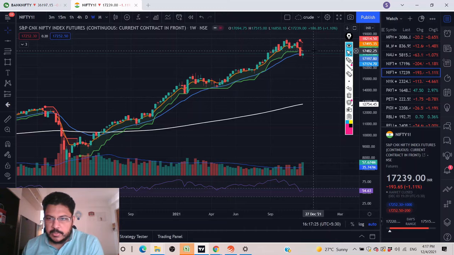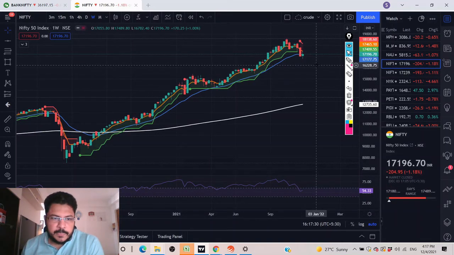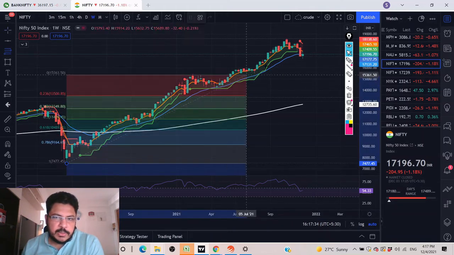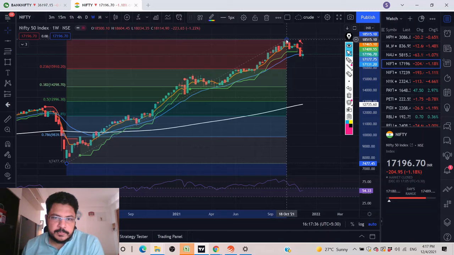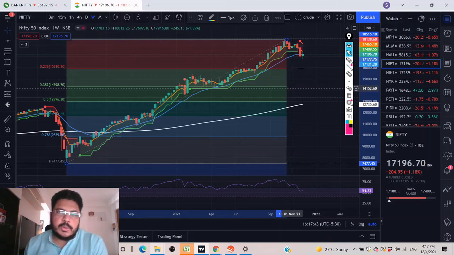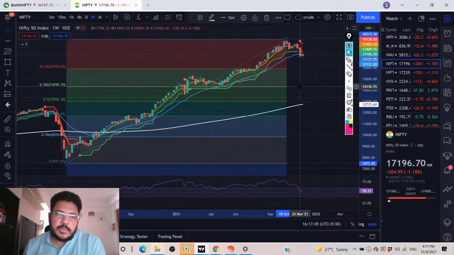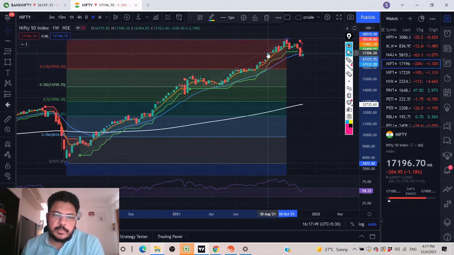It has to break the high of this candle. If you apply Fibonacci from this level till here, 38.2% is here. So any day, even if the market crashes, you can always expect it to come to 38.2%. This is a kind of broader picture.